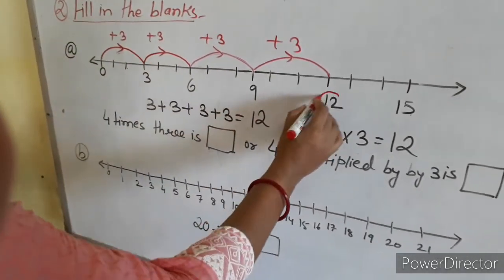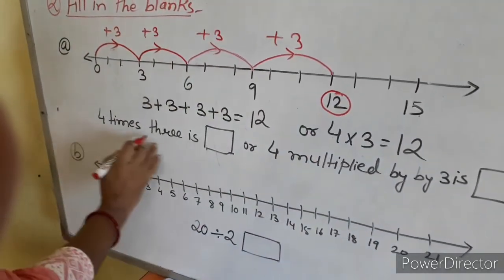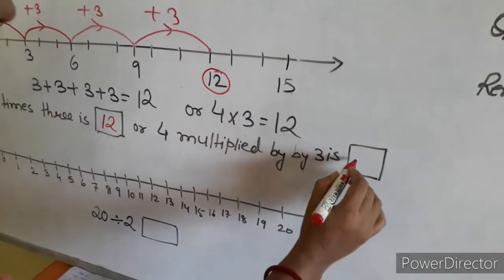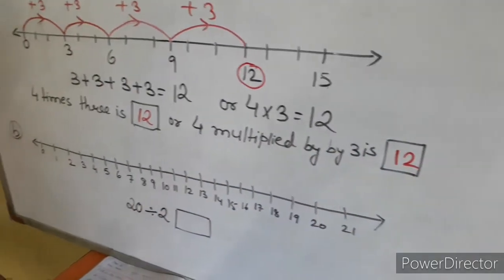So here the answer will be 12. 4 times 3 is 12, or 4 multiplied by 3 is 12.